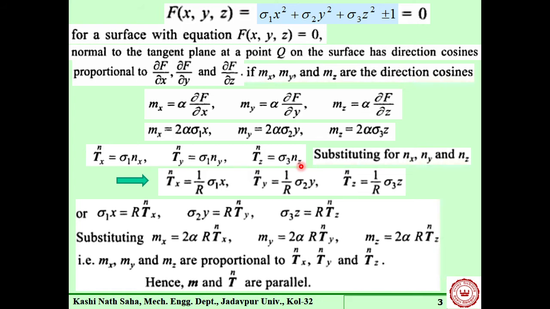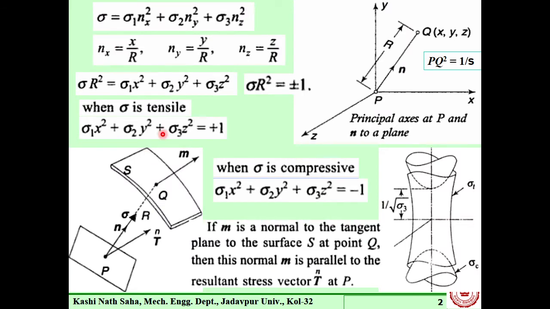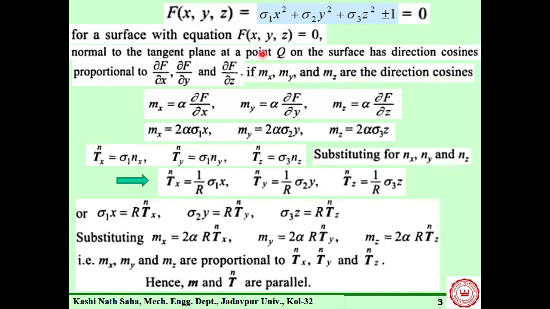So in that case, what will we do now? Okay, fine. Now from this equation, we can compute this nx we have seen earlier. It is x by r. So this is what we are substituting for nx, ny and nz.